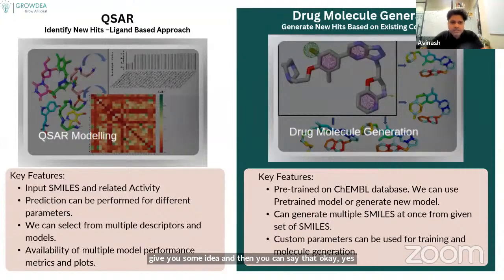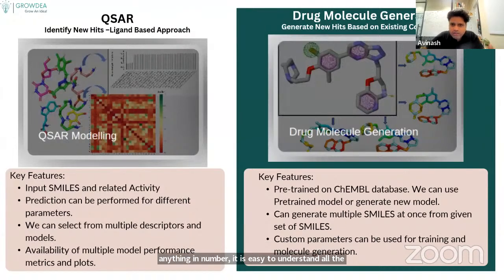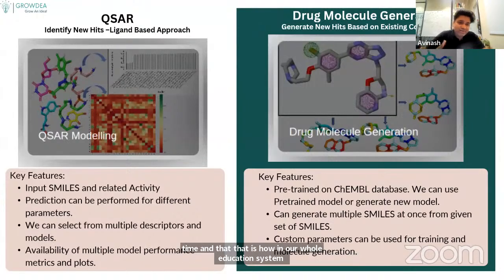So whenever we present anything in numbers, it is easy to understand, and that's what our whole education system is based on, right? We give numbers, or scores, marks, to understand the potential of the candidate.